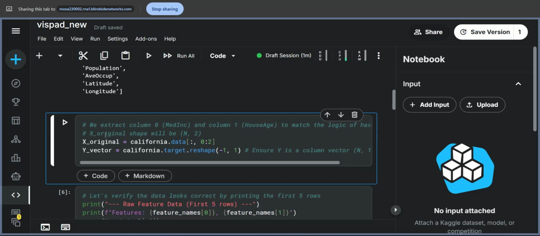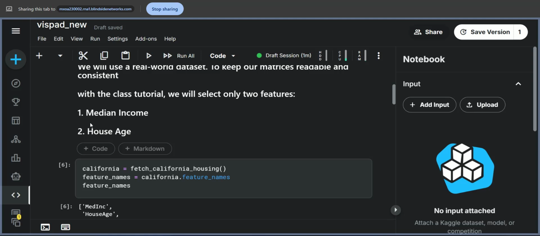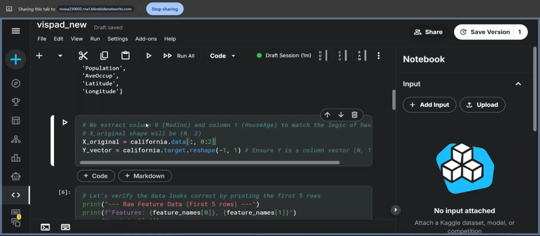Here we want our x's, and our x's are the median income and the house age, right? We are going to use the method of multi-slicing, so that we can do it in a simple way while keeping it in matrix form.